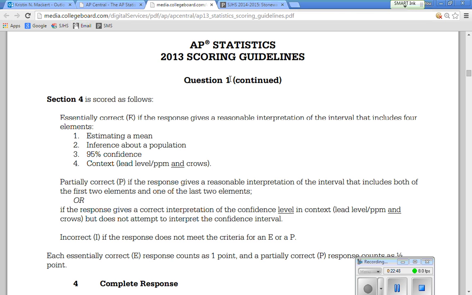We are 95% confident that the true mean lead level of crows is between blah, blah, blah, and blah, blah, blah. That sentence covers all of it. You have to reference the true average lead level. That's what a confidence interval is doing. It's capturing the parameter, isn't it? That would be an E.